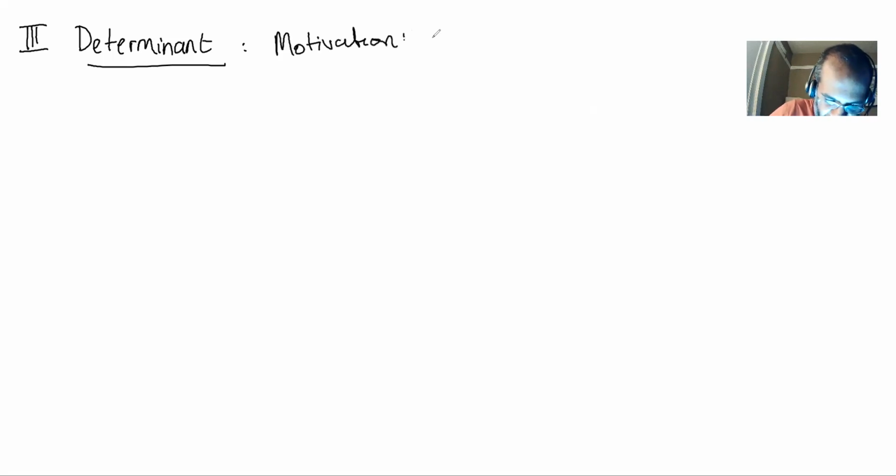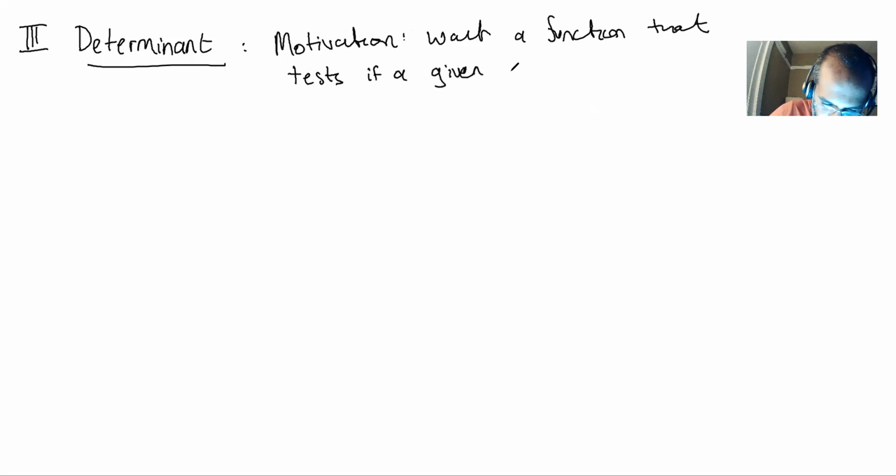The motivation for the determinant is you want a function that tests if a given square matrix is invertible. So what do I mean by this? Let's do a warm up.